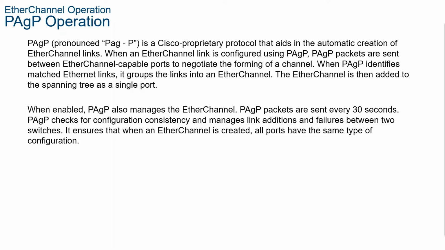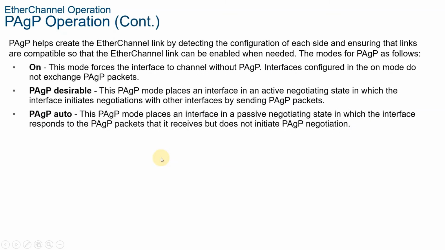Any port modification after the creation of the channel also changes all other channel ports. PAgP helps create the EtherChannel link by detecting the configuration of each side and ensuring that links are compatible so that the EtherChannel link can be enabled when needed.